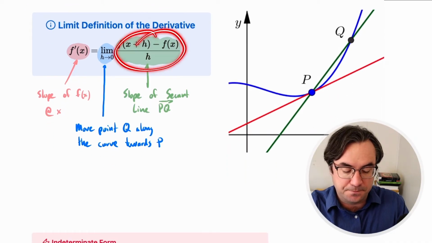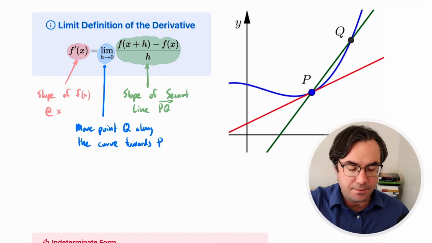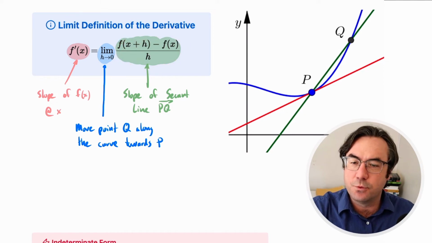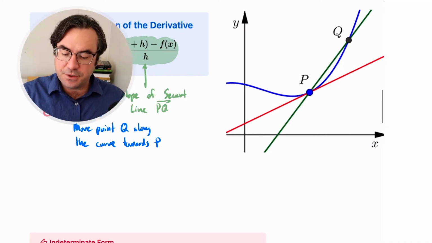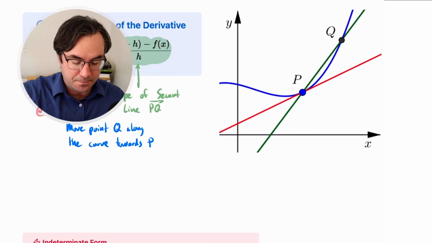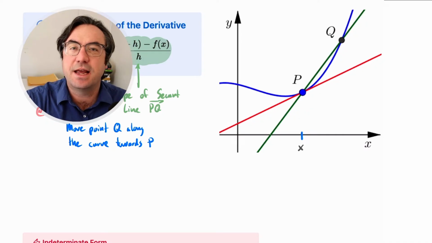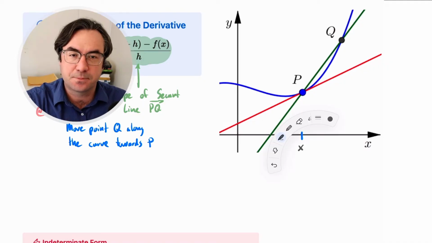All right, so let's actually see where this fraction comes from, though. So when we pick a point Q, and I'm going to move over here. If we start with our point P, we'll just give it x coordinate x.